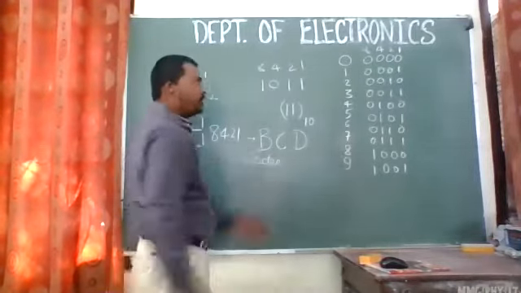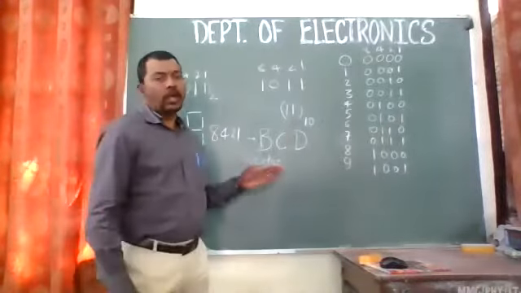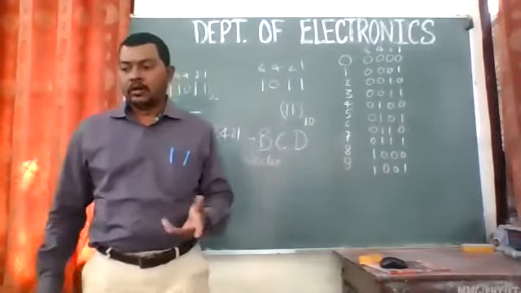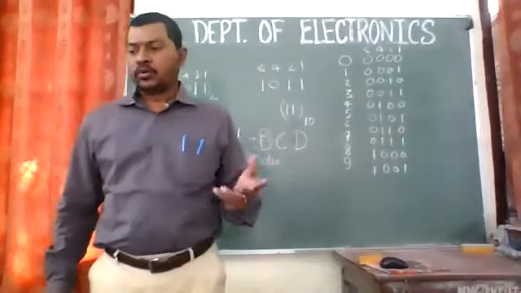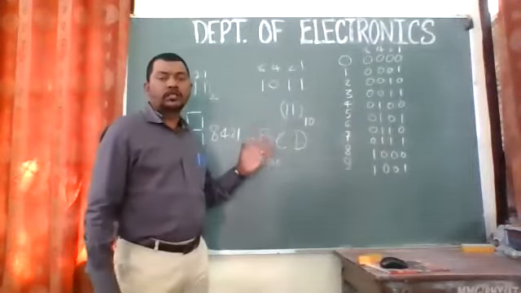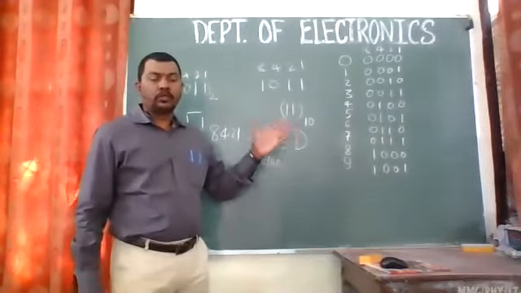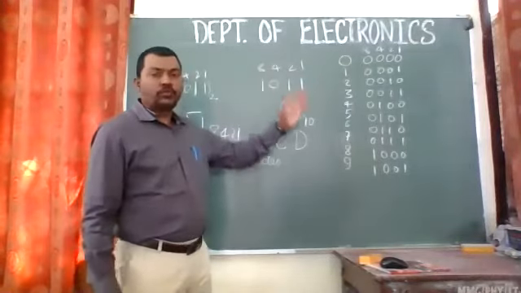Because of the weightage which are given to these 4 bits. And we have different sorts of coding also. We have 4421, 5211, 2421, 4221, any sort of that you can develop, or you can generate your own codes, right? For human readable, human understandable format, we give it to a 4-bit.